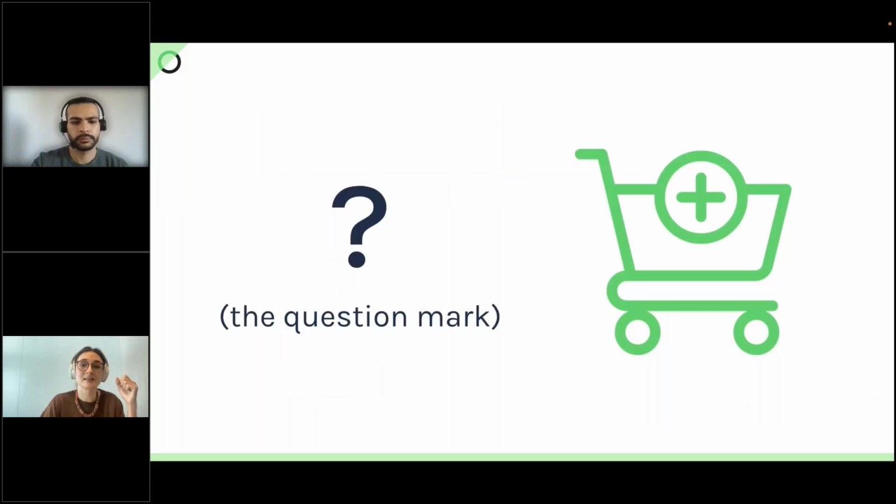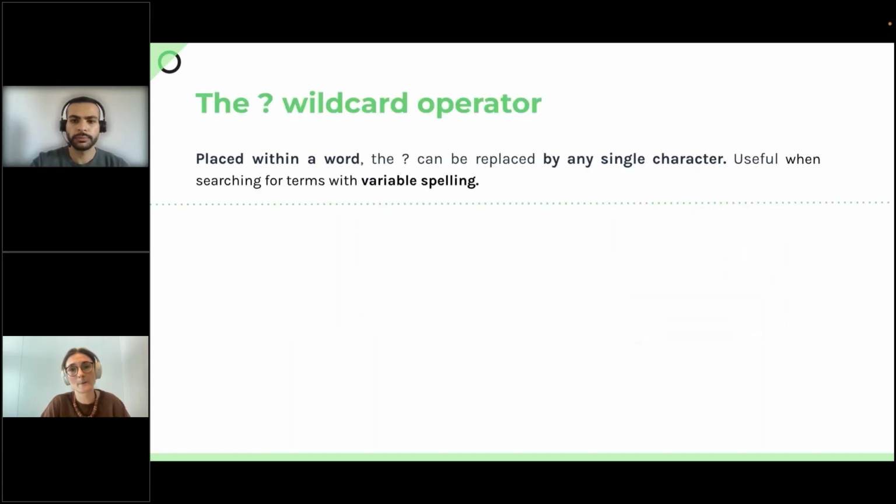Okay. Then the second wildcard operator is the question mark. So the question mark can be replaced by a single character. So the asterisk was one or more. The question mark is a single character, and the question mark can be used inside of a word. So very useful whenever you're searching for terms that can have a variable spelling.